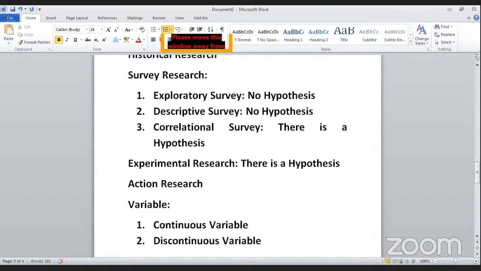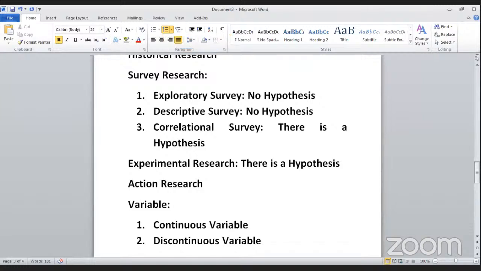Now, these are the two types of variables everywhere, whether you are doing research in English or Bengali or French, German, history, geography, mathematics, sociology, education, psychology, management, whatever the subject, there are variables which can be classified as continuous variable and discrete variable.